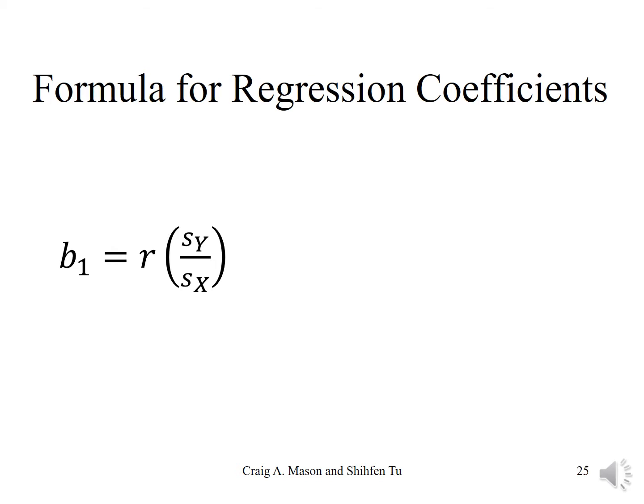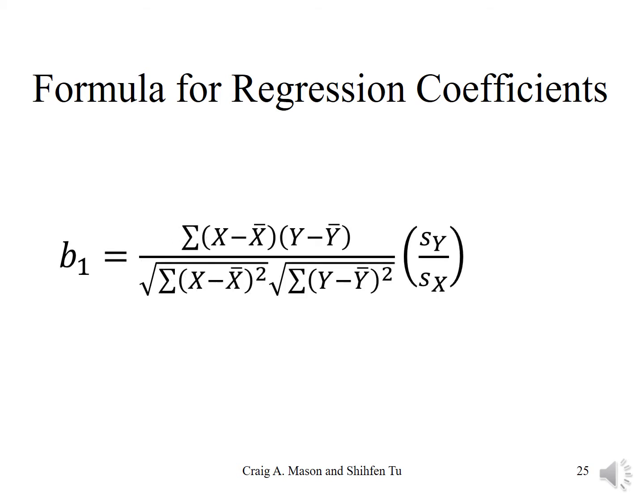Now, if we manipulate this equation a bit, we'll see that we can derive another, more computationally simple formula for b1 that also makes some intuitive sense. First, let's substitute the full formula for the correlation coefficient in place of r on the right-hand side of the equation.